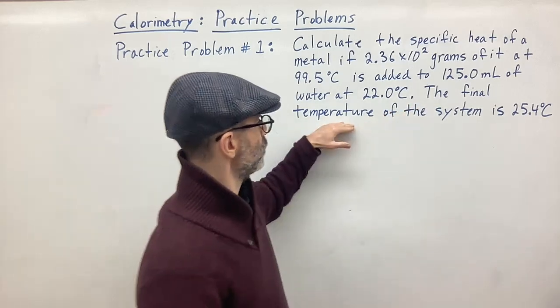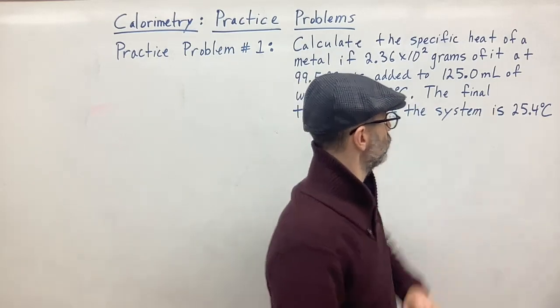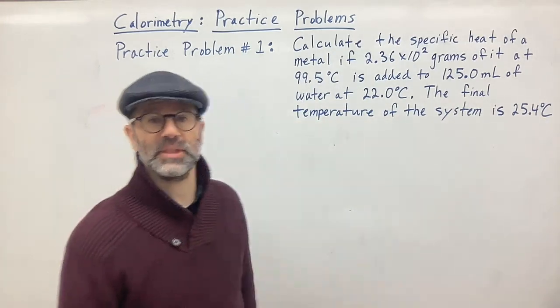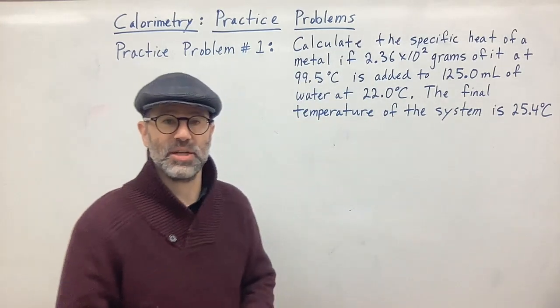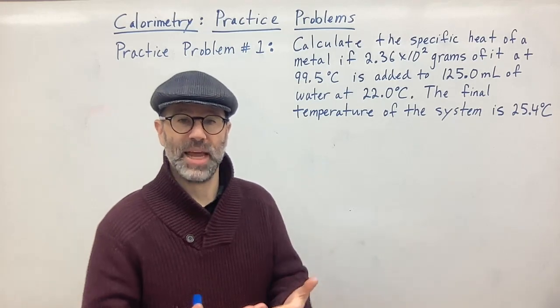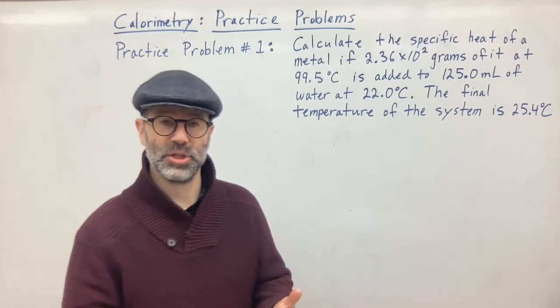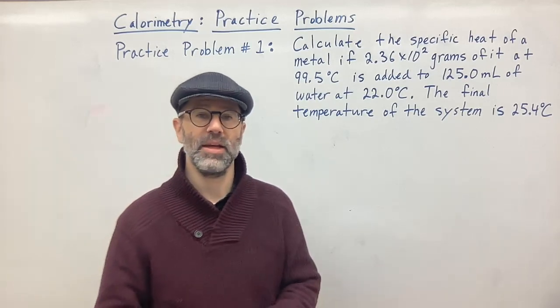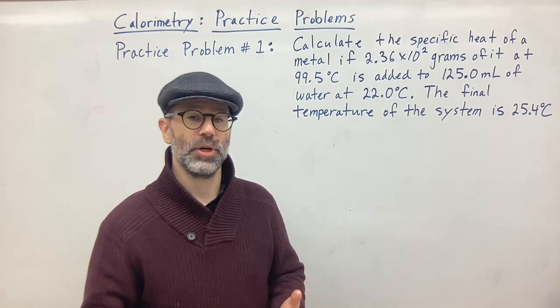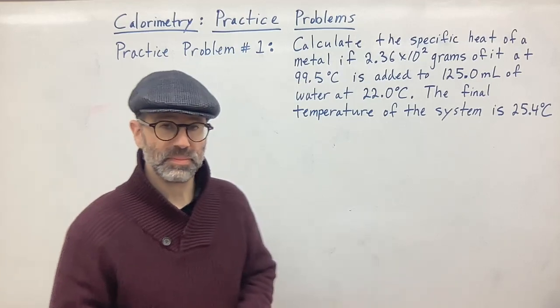The final temperature of the system is 25.4. So what they mean by final temperature of the system is that both objects in the system, the metal and the water, have reached the same final temperature. So the final temperature of both the water and the metal is 25.4 degrees. So that's their final temperature.